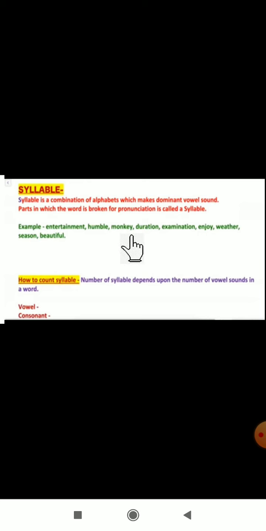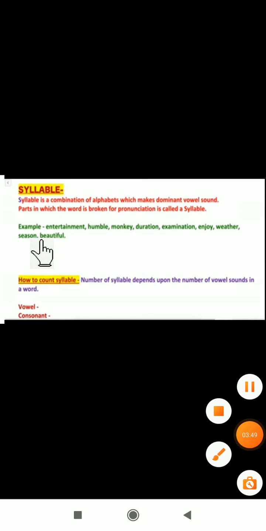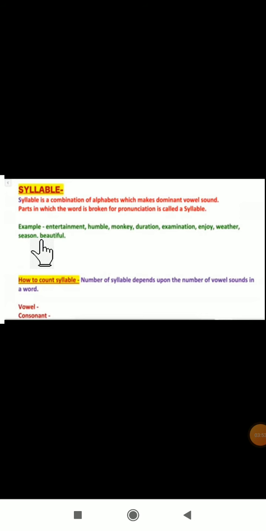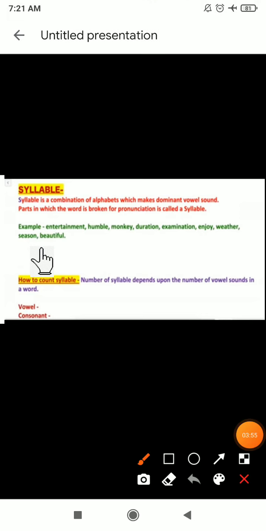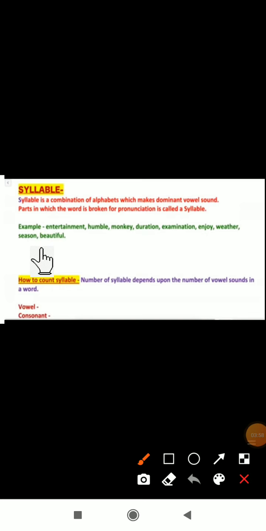See here. Here one word is there, monkey. How to count it? I will show you. Suppose I consider the word monkey. In that, how many vowels are there? Find out.